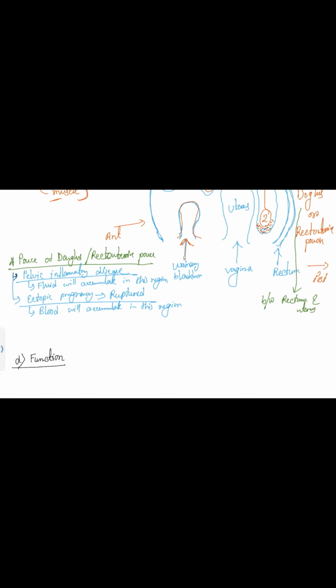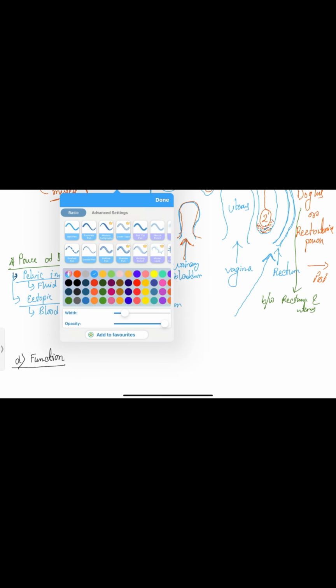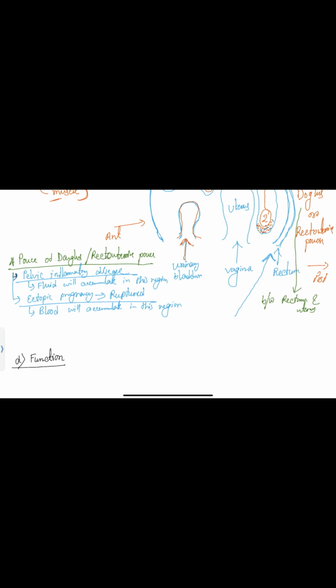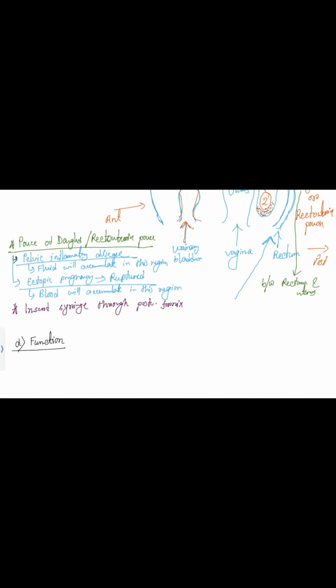So how will you diagnose whether it is a case of pelvic inflammatory disease or an ectopic pregnancy? The doctors insert one syringe through the posterior fornix. I will tell you what is fornix, what is the concept of this posterior fornix.